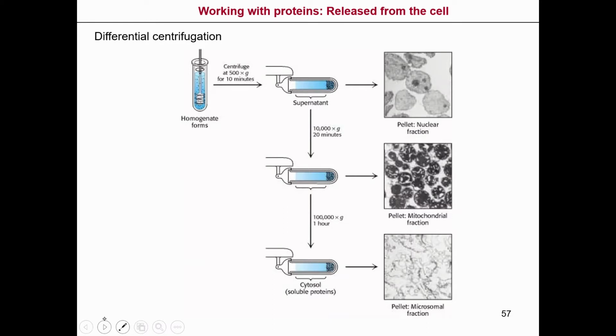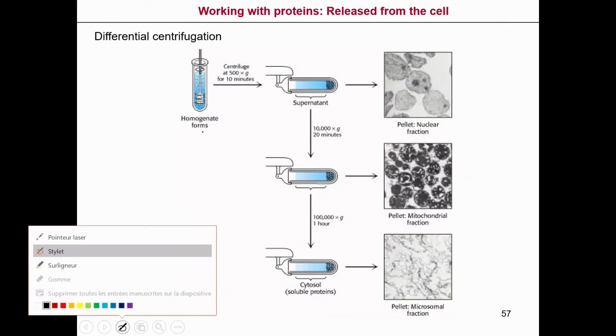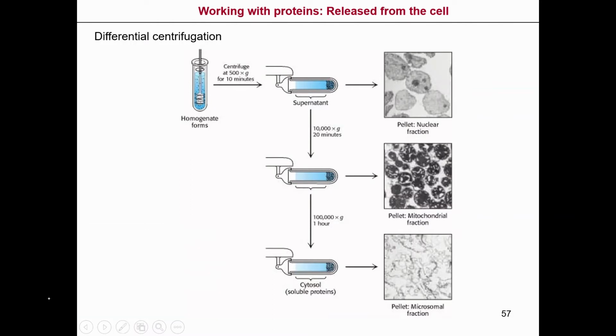And in the first step, a homogenate is formed by disrupting the cell membrane. So you will disrupt the cell membrane, so it will form the homogenate. And the mixture is fractionated by centrifugation.